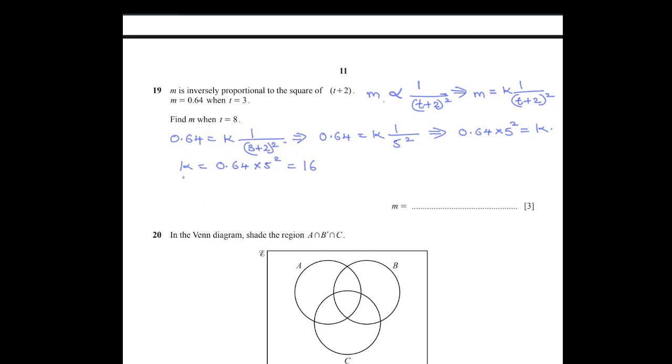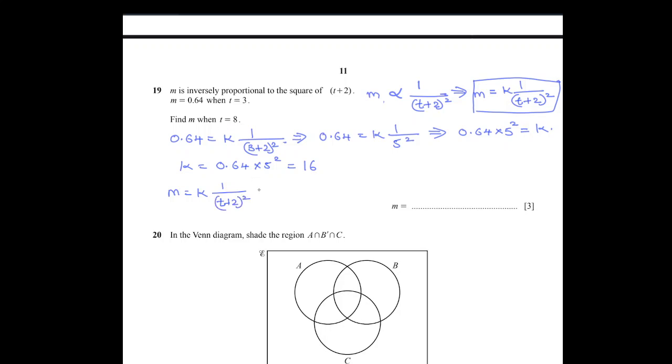Now we will find out m when t is equal to 8. So take this main equation now. M is equal to k into 1 by t plus 2 whole square. Now we know what is m and what is t.